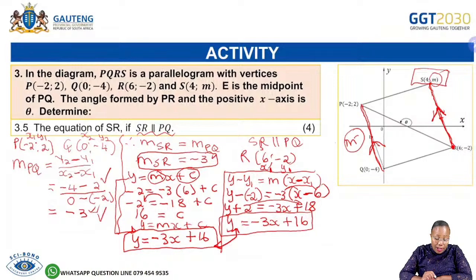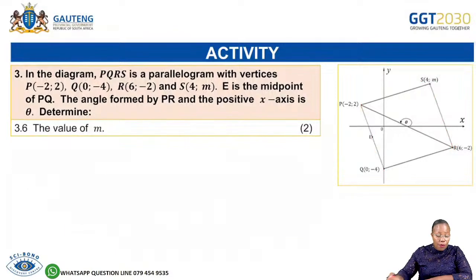The third mark will be for predicting that the gradients will be equal, and you substituted that gradient with the coordinates into the correct formula, and then for the final equation. So this is worth 4 marks, grade 12. I hope you manage to get that 4 marks. Some examiners may give up to 5 marks for that problem, grade 12.